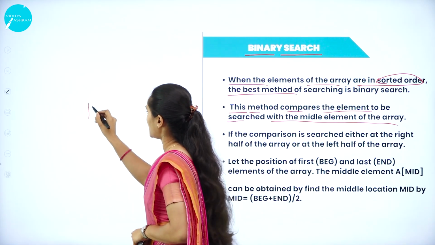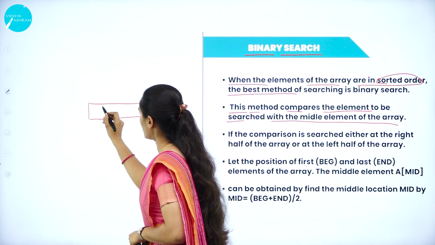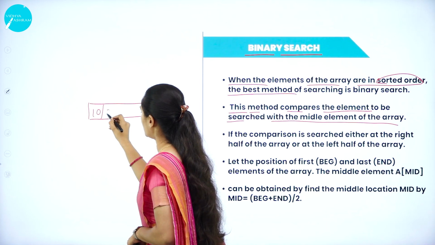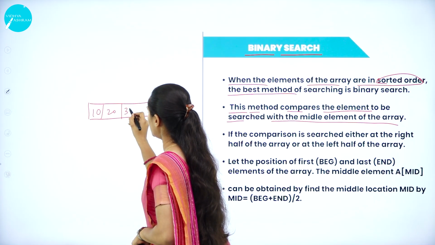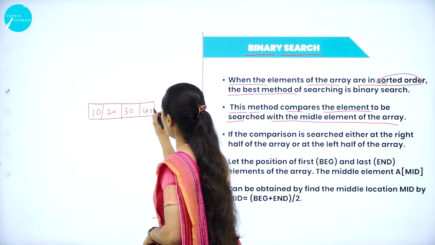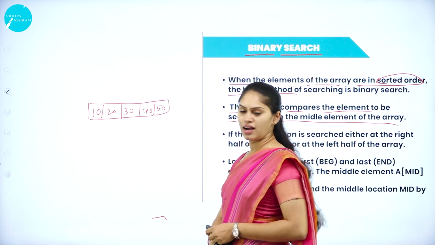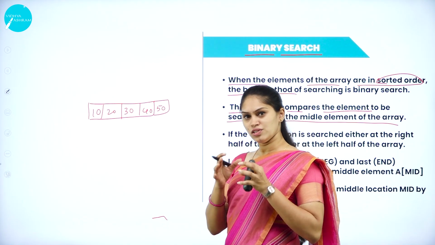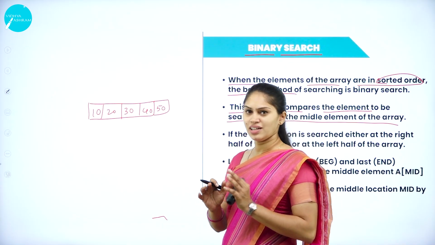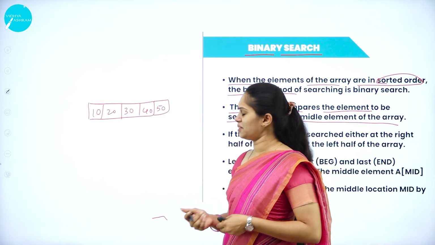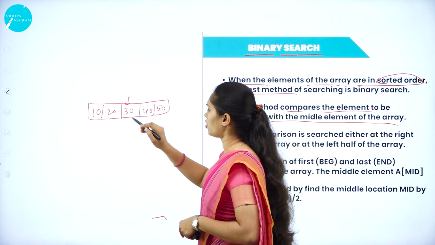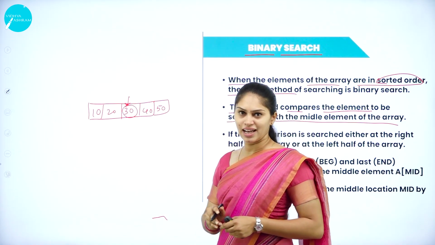So, for example, 10, 20, 30, 40 and 50. How many elements do I have? I have 5 elements. If you look at this, you will get to know which is the middle element.